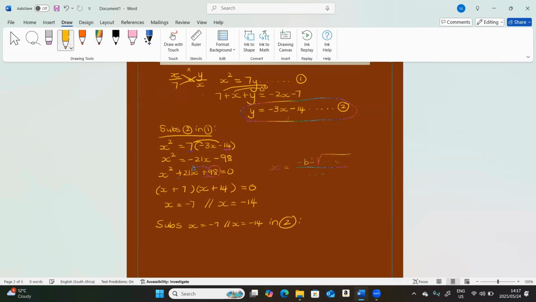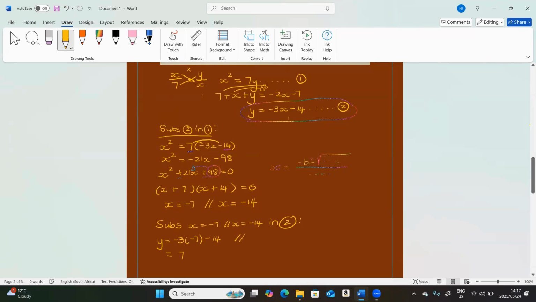Okay, so let's go ahead and do that. So you would say that y equals -3 times -7. Okay, we are first replacing x with -7 and then -14. When you type that into your calculator, you will get your y value of 7.